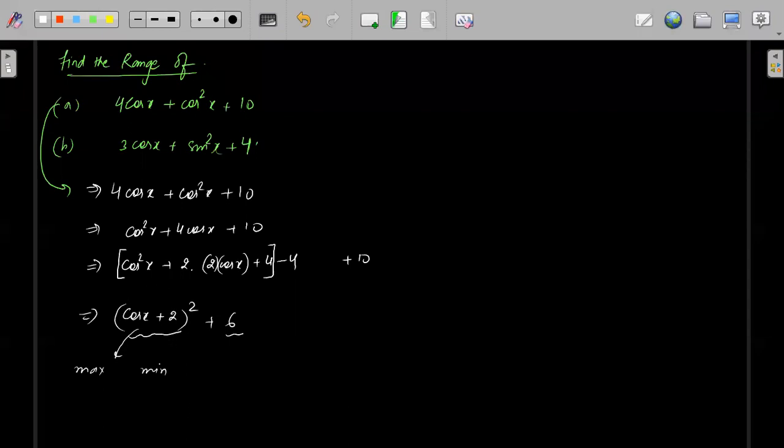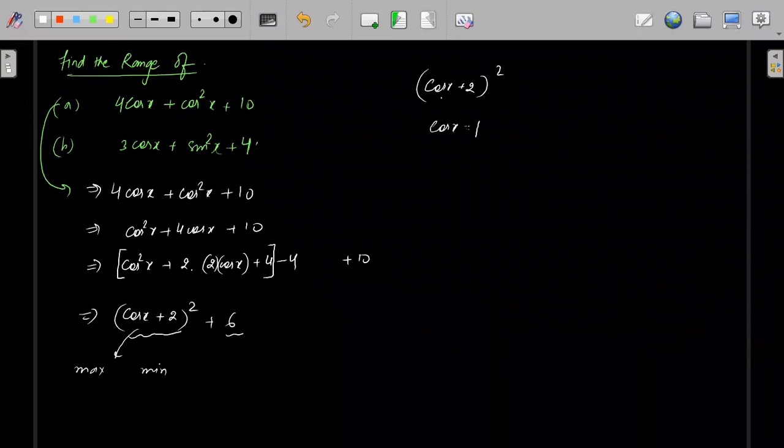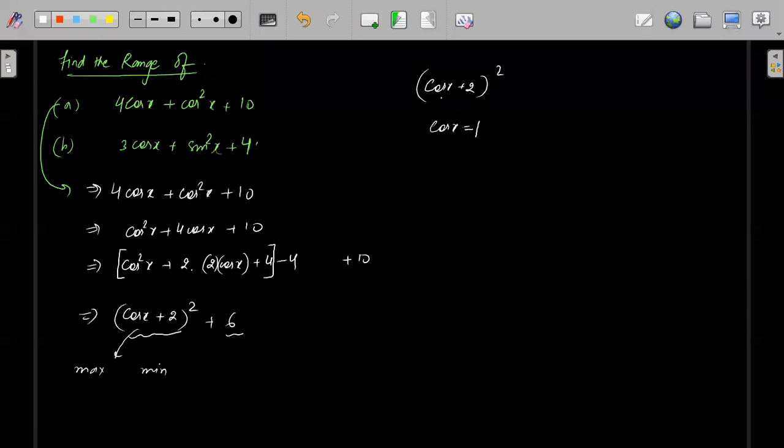Cos x plus 2 whole square, when cos x is added with 2, this will become maximum. Which value of x will give the maximum value inside? When cos x is equal to 1, this 1 will get added with 2 and when squared, this will become maximum. So this will become 9.